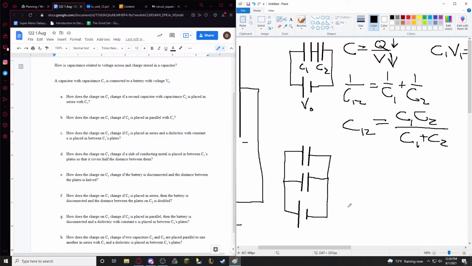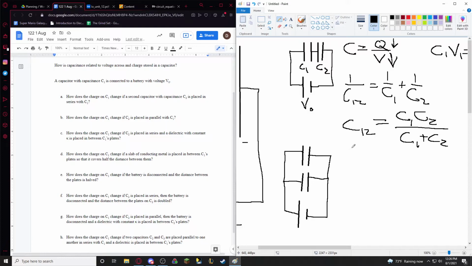The voltage stays the same, right? Why is that? Because the Q and the... I'm not sure if the capacitance and the charge are both increasing or both decreasing at the same time.